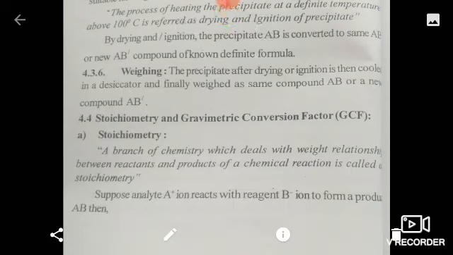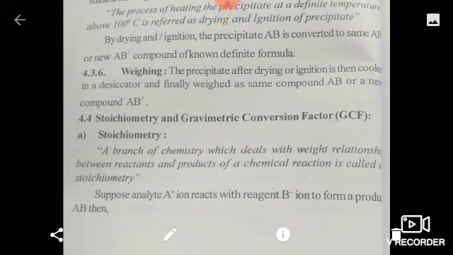The formula is the amount of the compound multiplied by the atomic weight of the element, divided by the molecular weight of the compound, and wholly divided by the weight of sample taken, into 100. We can determine the percentage also. So this is about the steps in the entire gravimetric analysis.